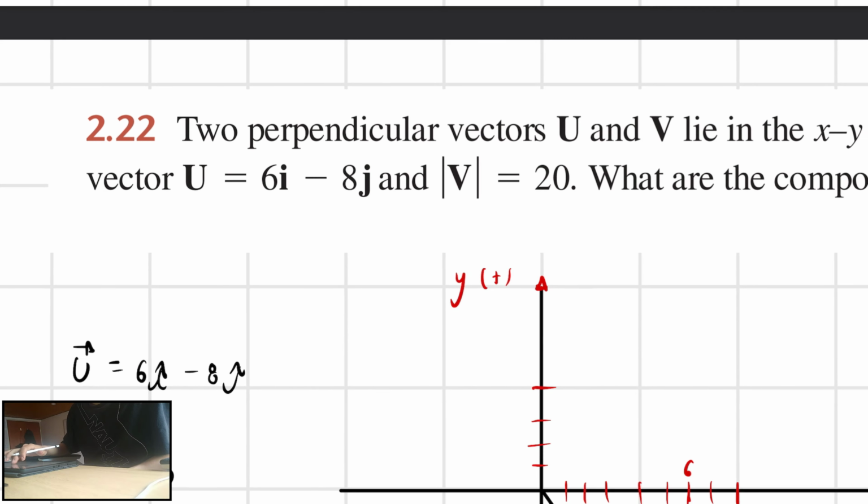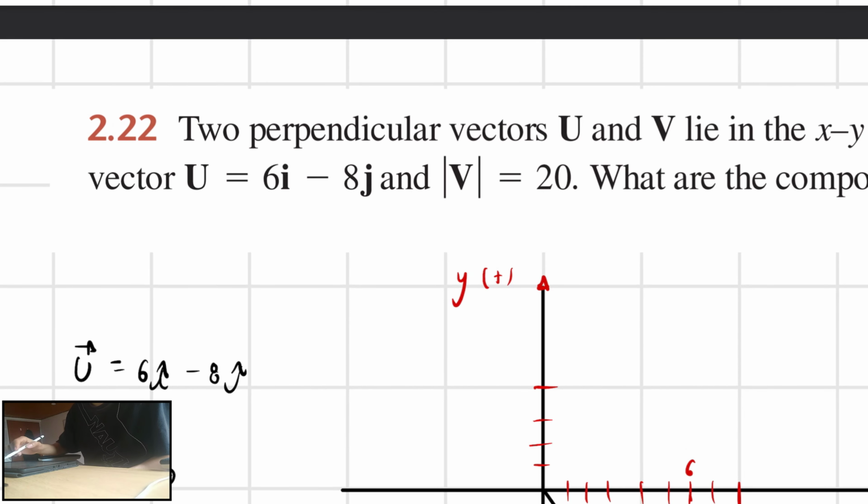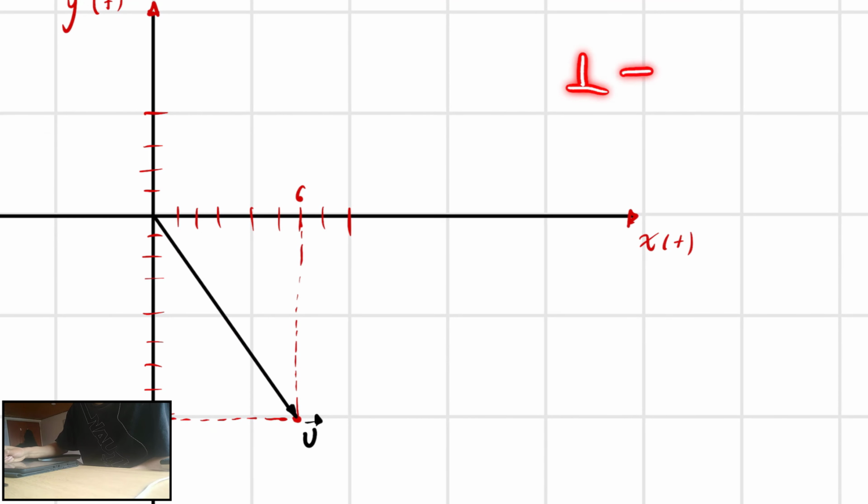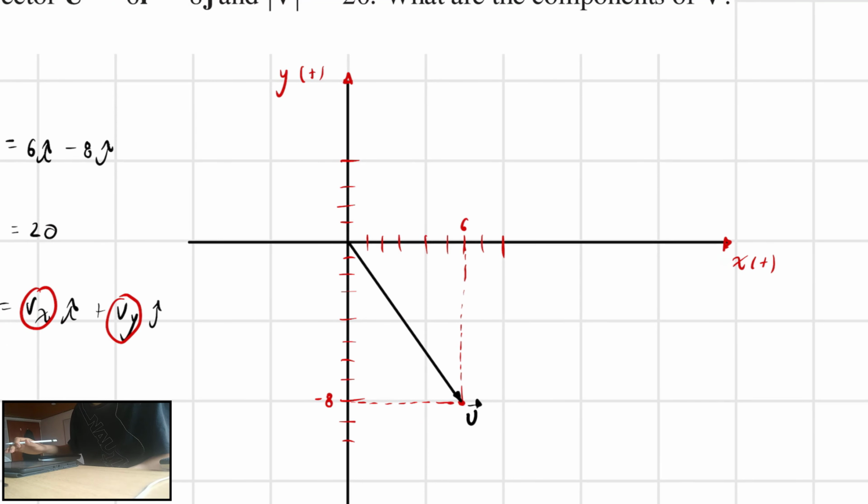Now they're telling me an important keyword: perpendicular. Perpendicular means 90 degrees. So I should be able to find a vector that is 90 degrees with respect to u. So it's going to be this one, for example, v.